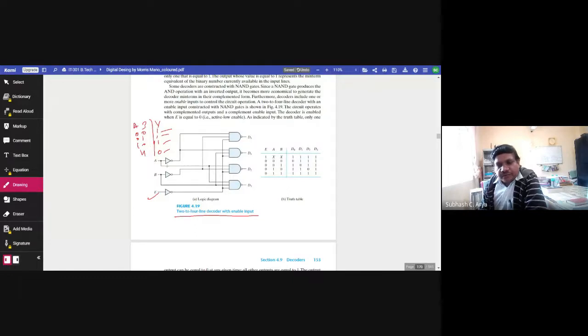Now whatever input is there, X and Y, if this enable line is 1, here 1, what will happen? Here you will get 0. And this 0 makes the output of all NAND gates equal to 1. It means this is not working as such. There is no information. So this is how we are able to control it, irrespective of whatever the other input is.